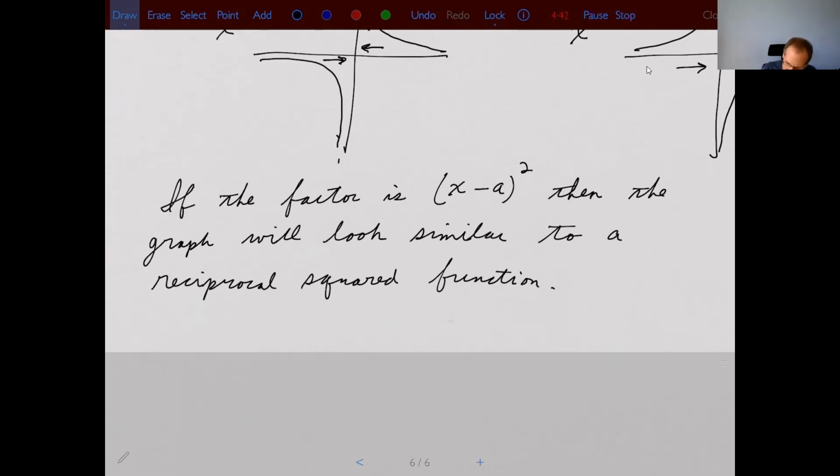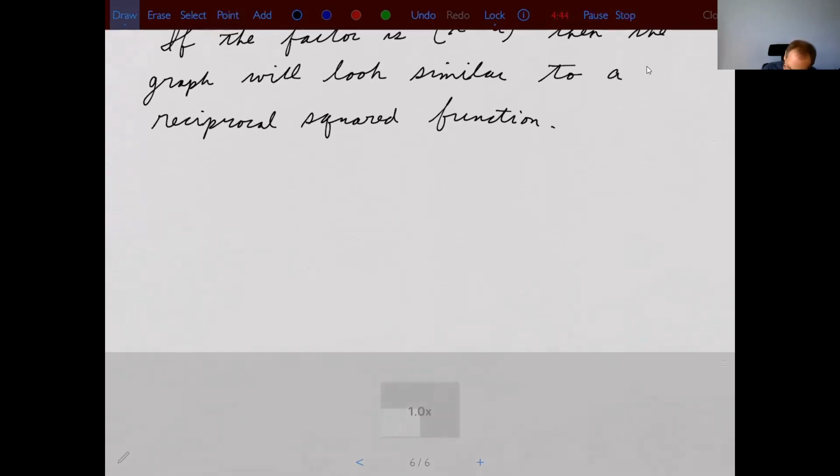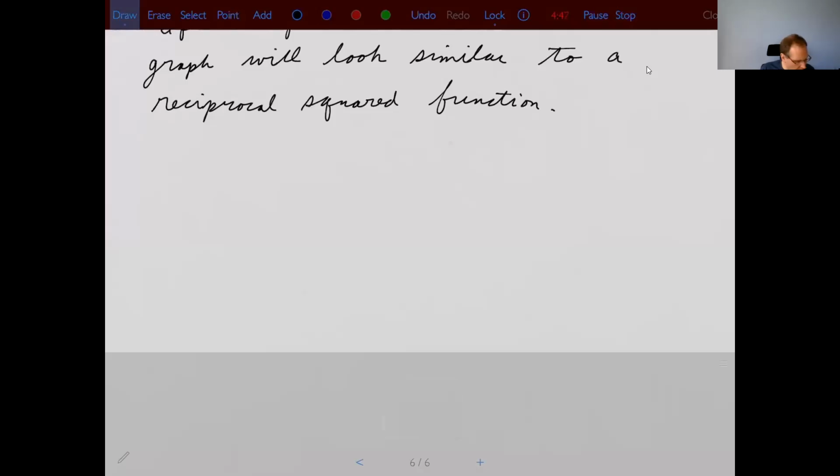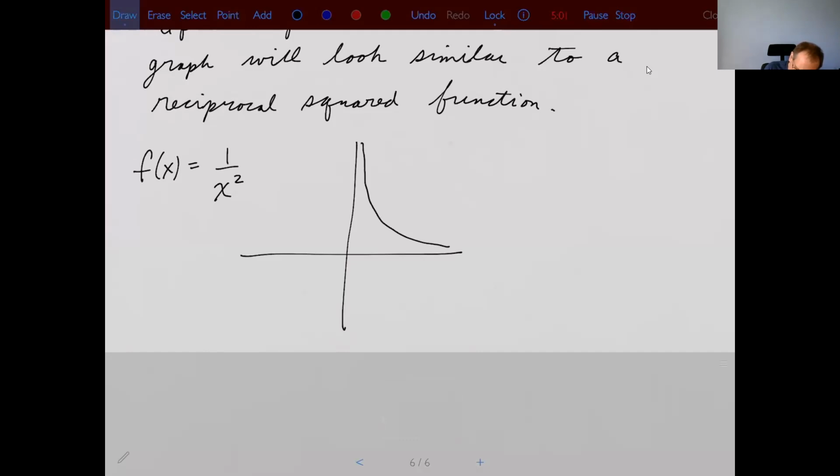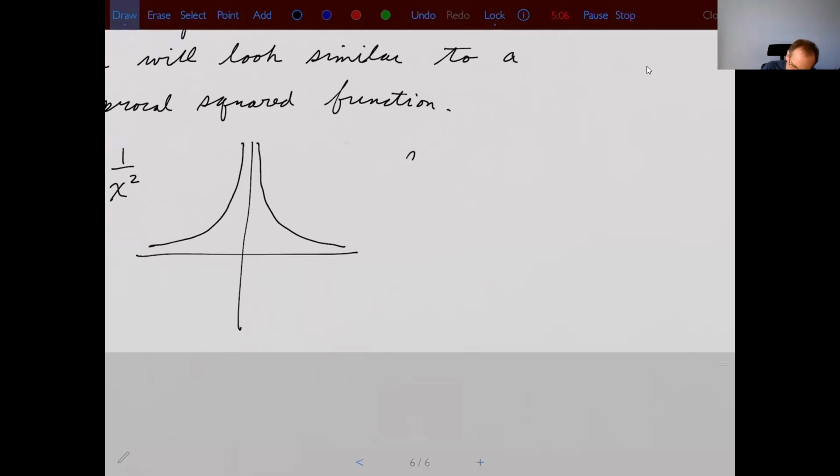So in other words, one possibility is the graph will look like this. So if I have 1 over x squared, remember that looks like this. Or it could be flipped again. So it could look like negative 1 over x squared, which looks like this.